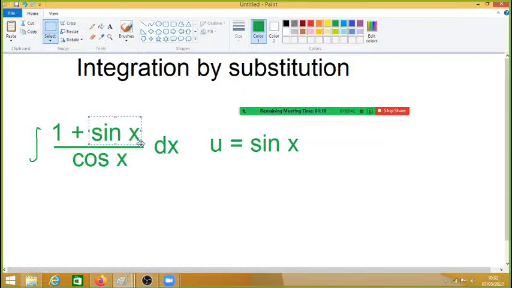So sine x can be swapped for the u. But then you're thinking, well, hold on, I've got cos x here at the bottom and only sine x here. So if that's proving a little bit difficult, then just switch to the dx. Let's try and just differentiate, at least get rid of the dx first. So du by dx would be equal to cos x.